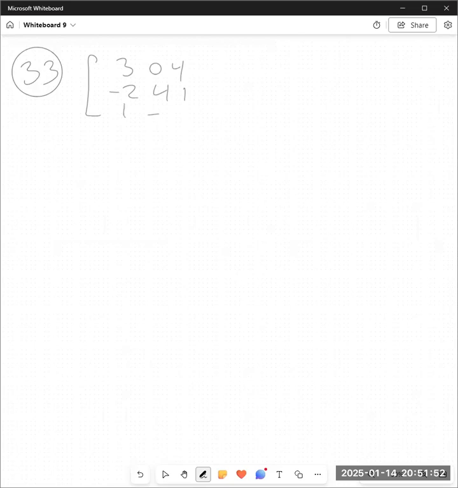That's why we talk about minors and cofactors first. So 33 says 3, 0, 4, -2, 4, 1, 1, -3, 1. So I'm going to change that into a determinant.